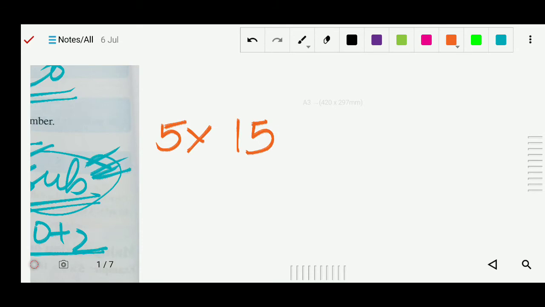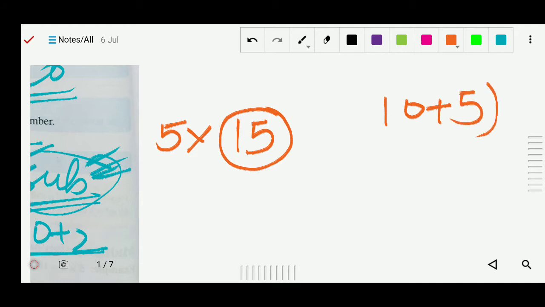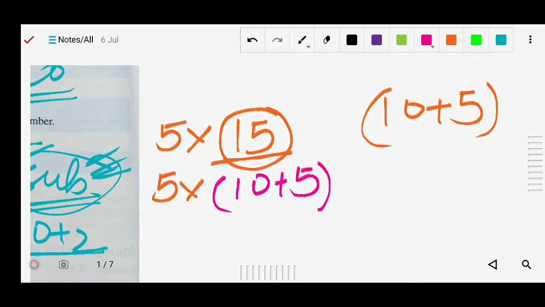What I can do is write this bigger number 15 as 10 plus 5. This is also equal to 15, yes or no? Yes. So in the place of 15, I write 10 plus 5.